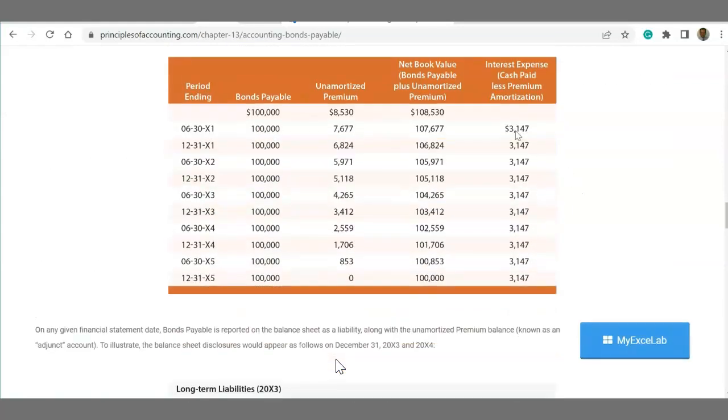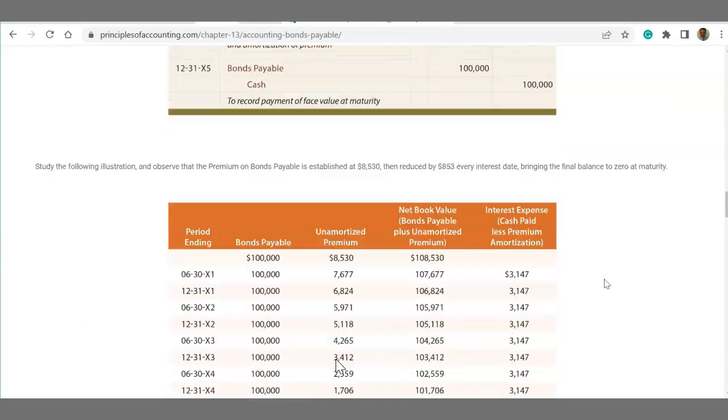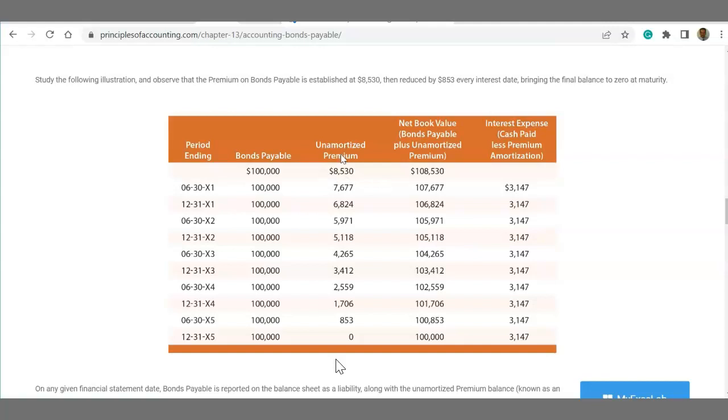And I'm going to amortize that, record that as interest expense. And the difference of 3,147 minus 4,000, which is 853, will be deducted from the premium. So 8,530 minus 853 will be 7,677.